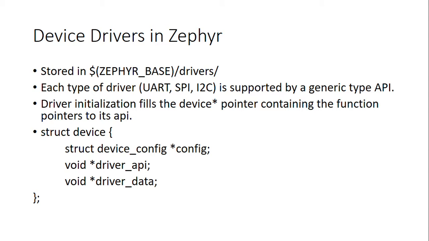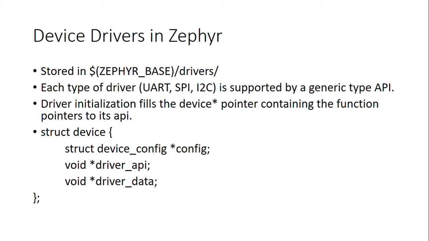Whenever we try to initialize a driver, we just have to mention the name of the driver. It'll give us the device pointer, which we can later use, and we can add configuration to it, and it'll have a specific API already attached to it, and we could fill some driver data inside it.